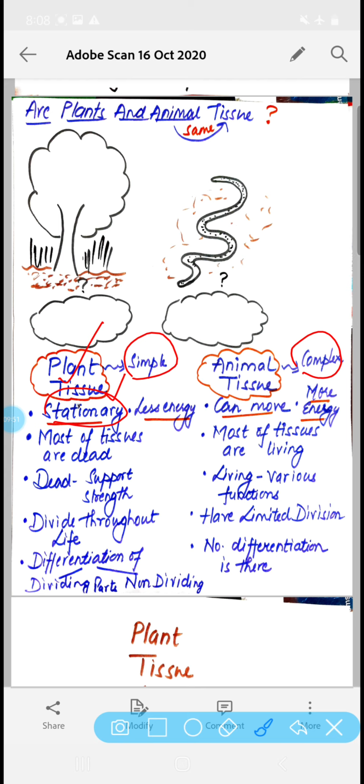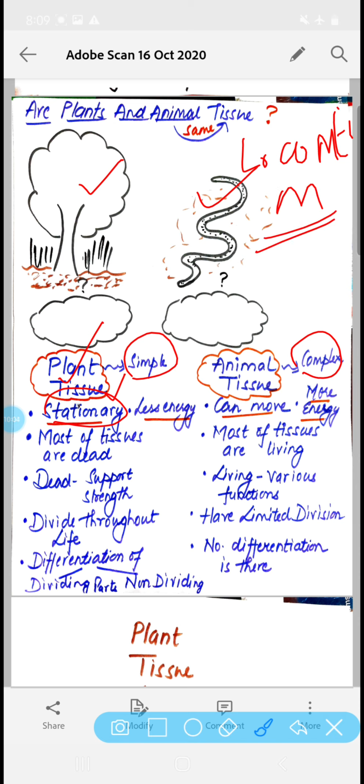But when we compare plants with animals, animals can show locomotion. They can move from one place to another in search of food, in search of shelter, and for escaping enemies.